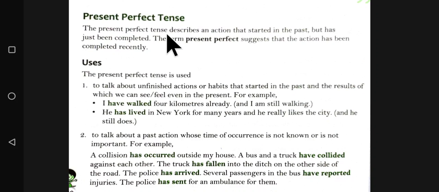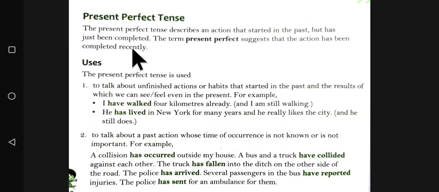Now, present perfect tense describes an action that started in the past. Okay, so it shows an action that started in the past, but has just been completed, or that has been recently completed. And the term present perfect suggests that the action has been completed recently.